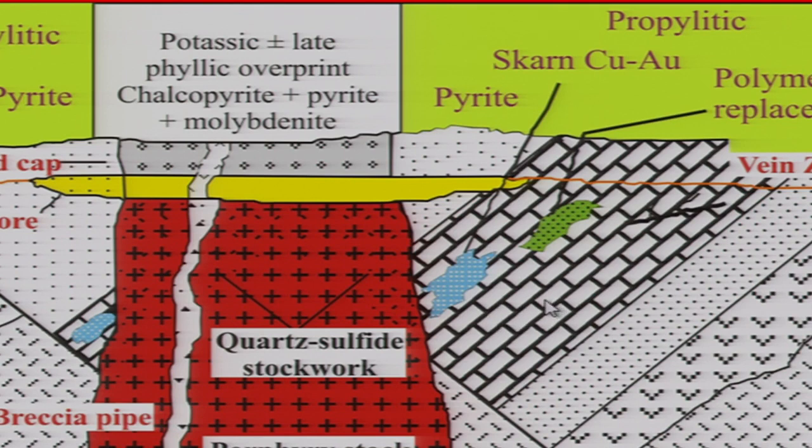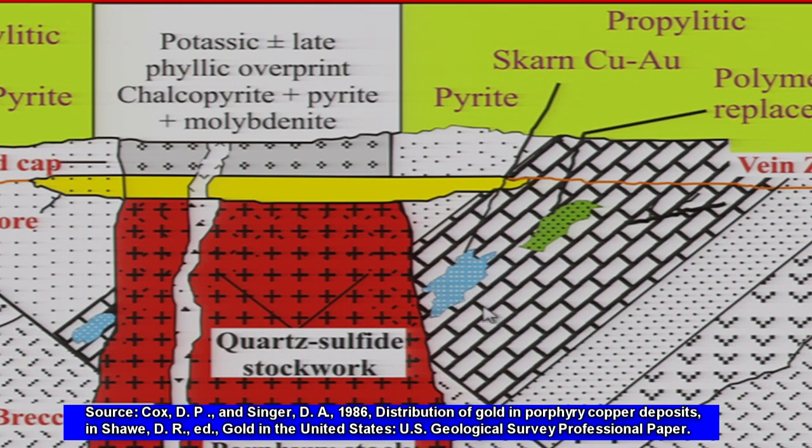As a coincidence here, the surrounding rock is mostly calcareous rock, limestone or dolomite, which is a highly reactive rock, and these emanations react with these rocks and form a deposit. These deposits are called skarn deposits.